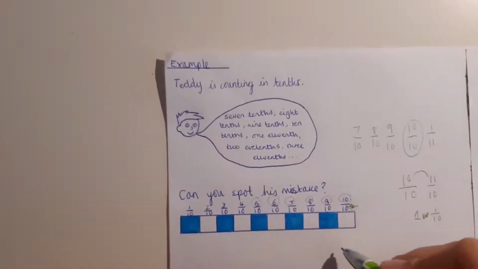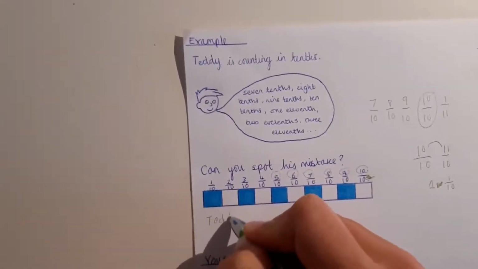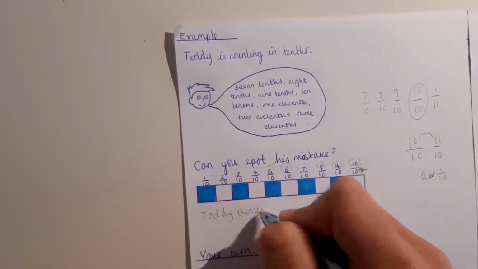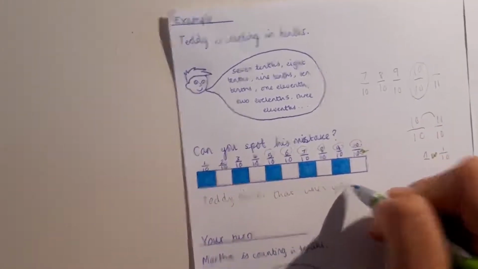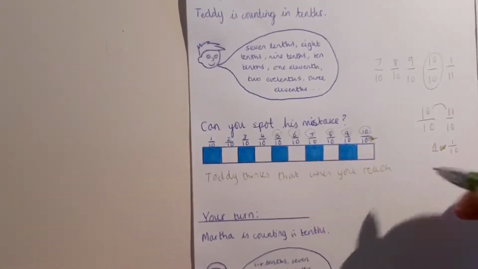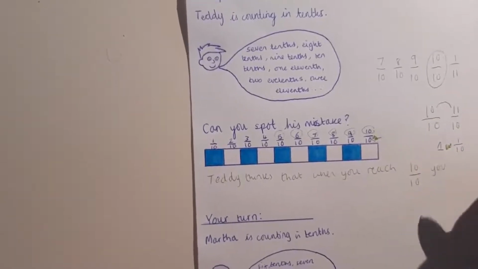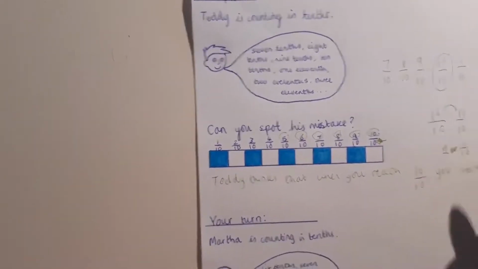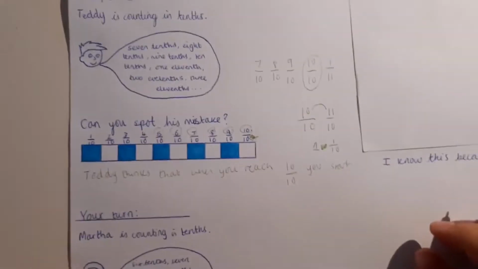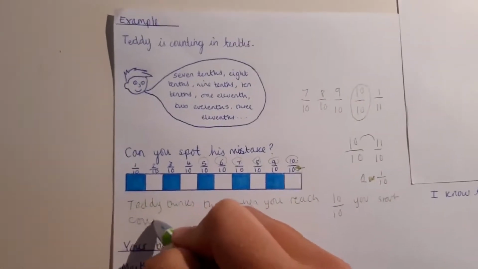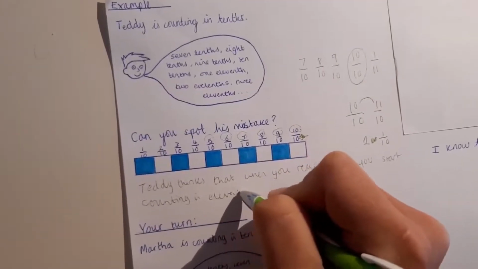So what we would write for this answer to the question is, Teddy thinks that when you reach 10 tenths, you start counting in 11ths.